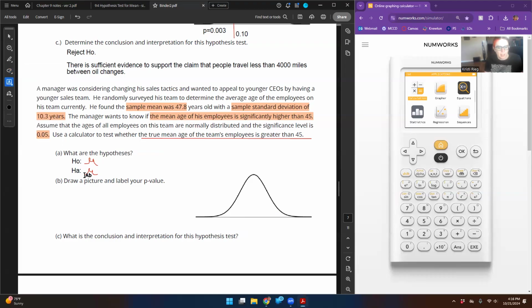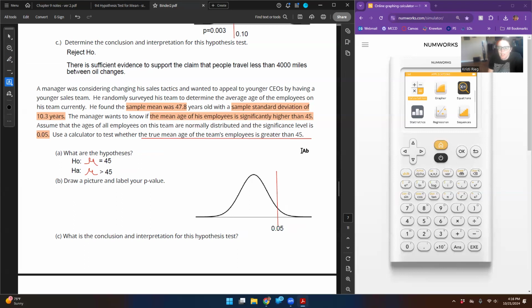And higher than is greater than 45. And then null is always equal to 45. Draw pictures. So before we get to the calculator, this is greater than. Greater than is a right tail test. And we know that that is at alpha, which is 0.05.